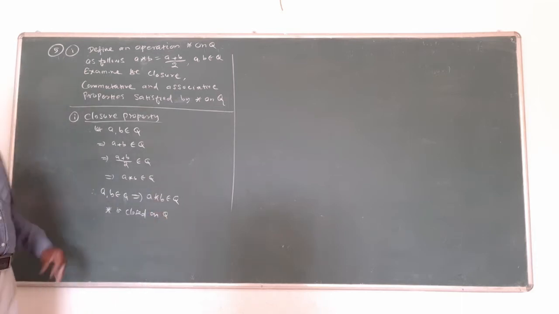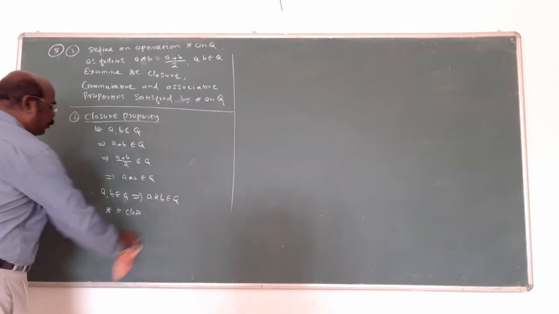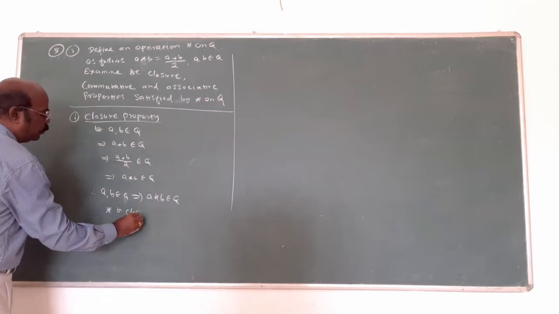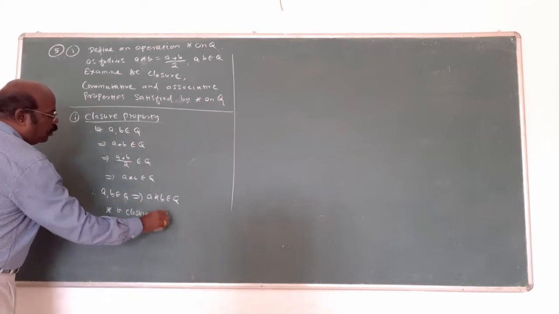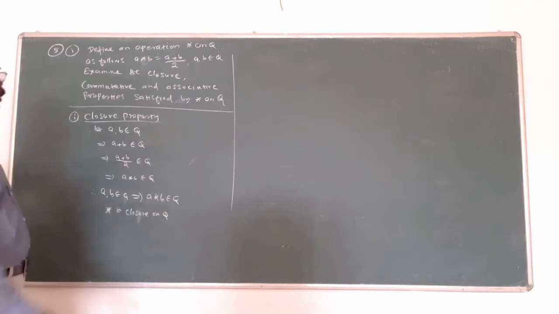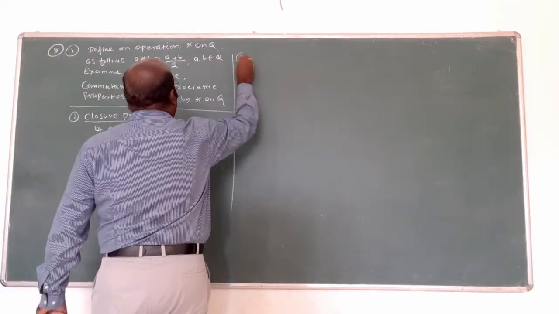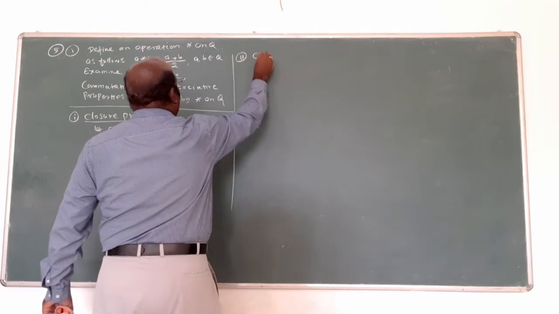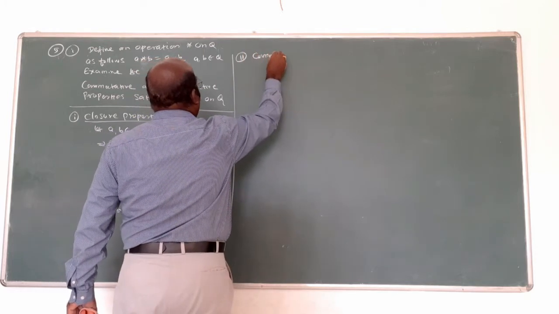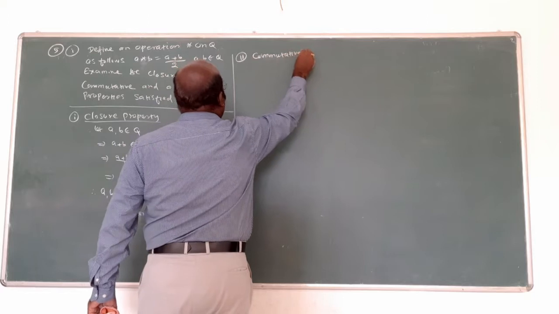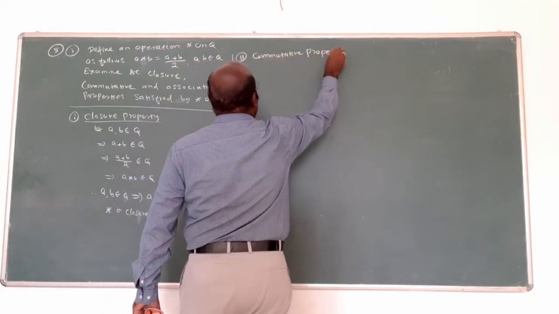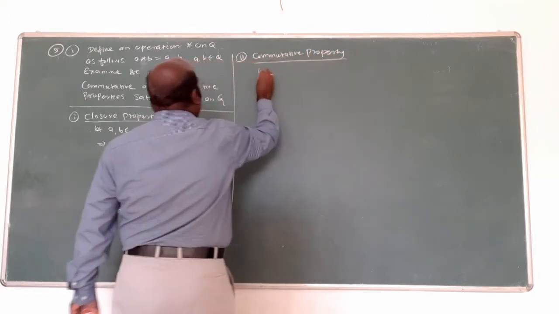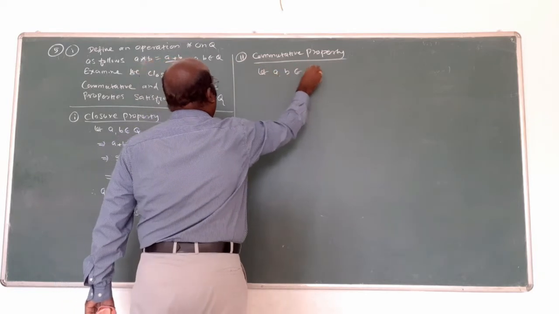Closure property, or closure on Q. Very simple concept. The second one, commutative property. A comma B belongs to Q as usual.